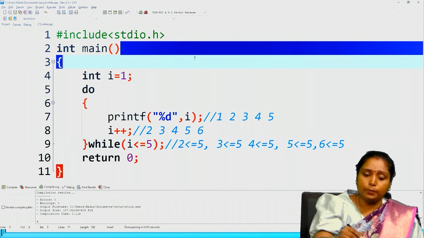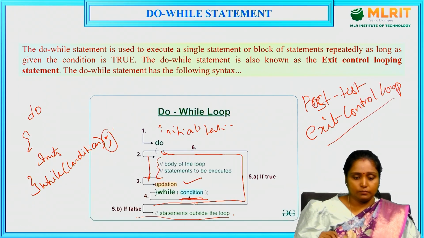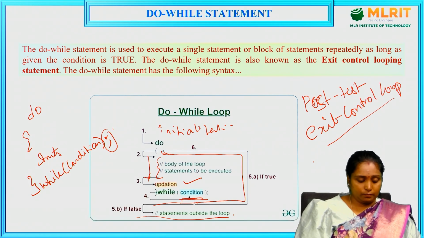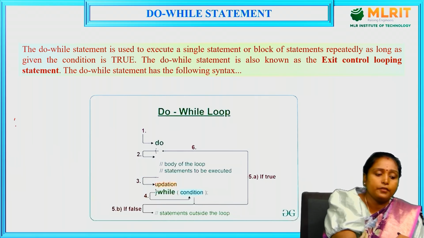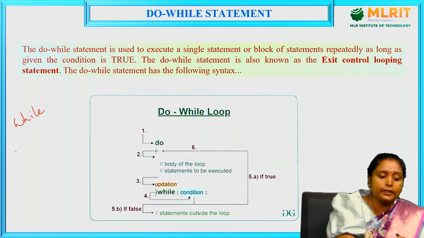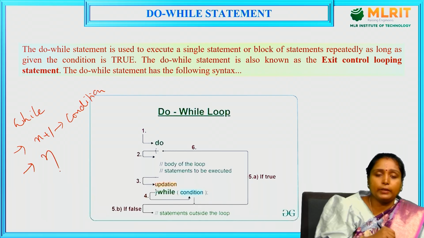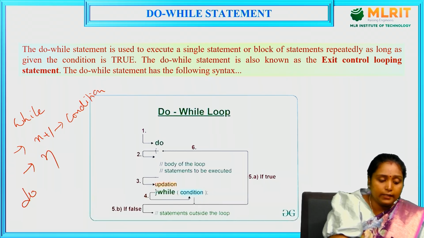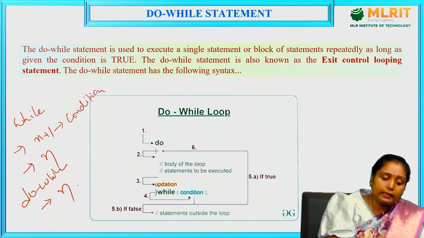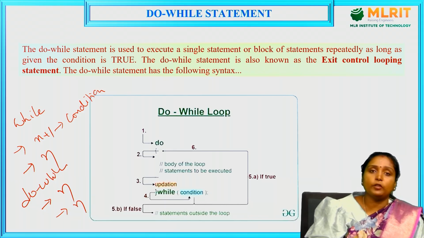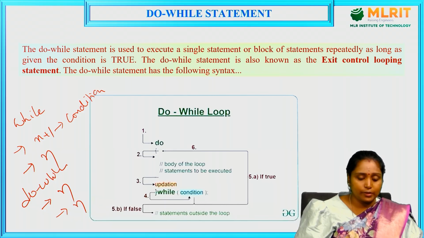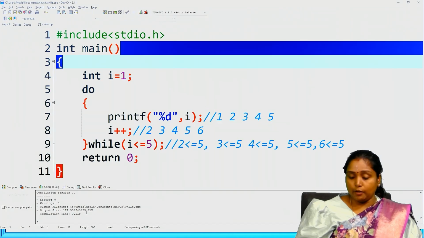For the while loop, how many times the condition is checked is n plus 1 times, and how many times the statements will be executed is n. In the do while, the condition is checked n times and execution of the statements is also n. So this was the basic difference, and I already said it to you.